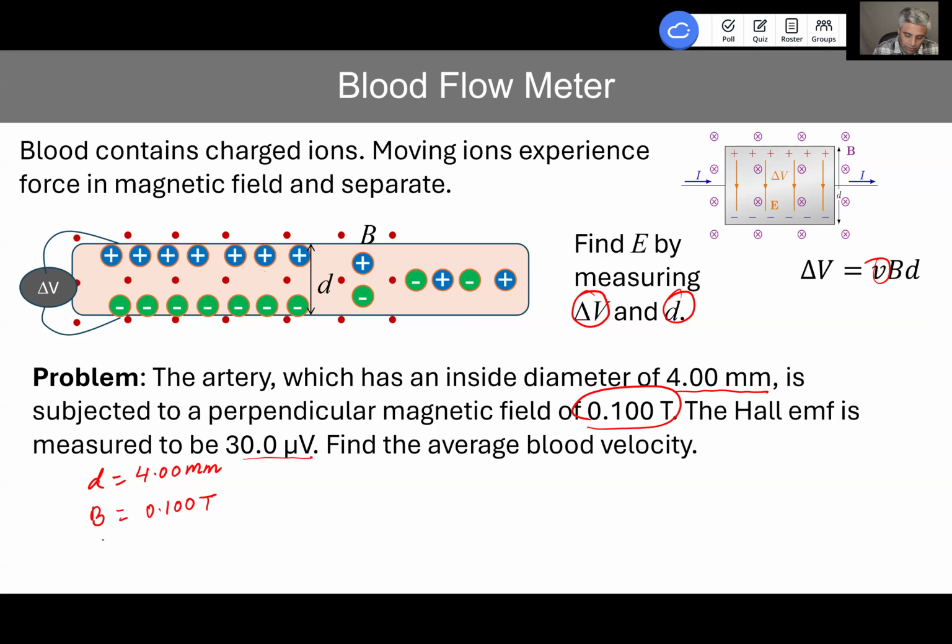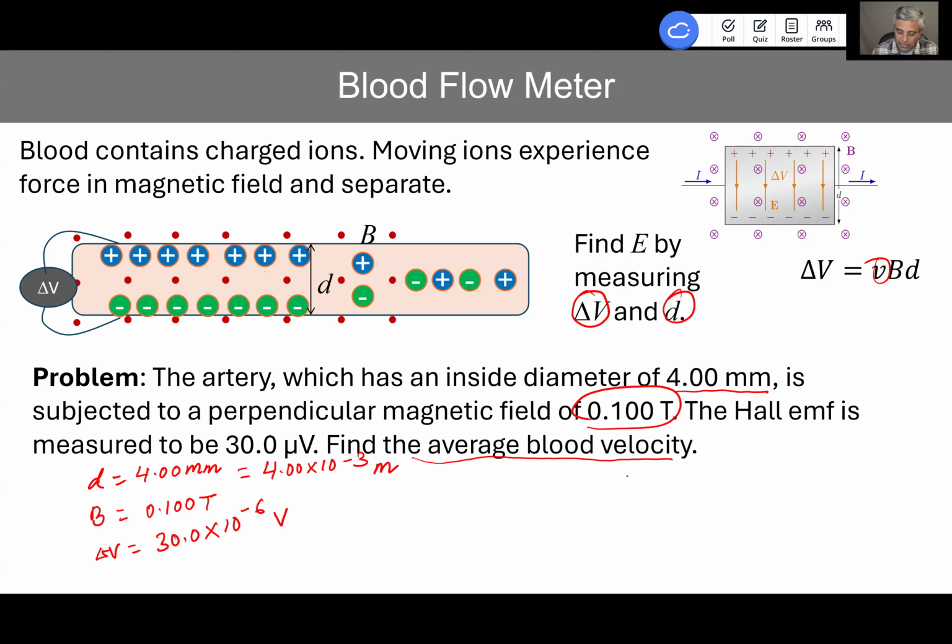So 30 microvolt, that is delta V. Microvolt means 10 to the power negative 6 volt, milli has 10 to the power negative 3. Let me convert that into meter and potential difference in volt, and so on. Those are the things that are known.